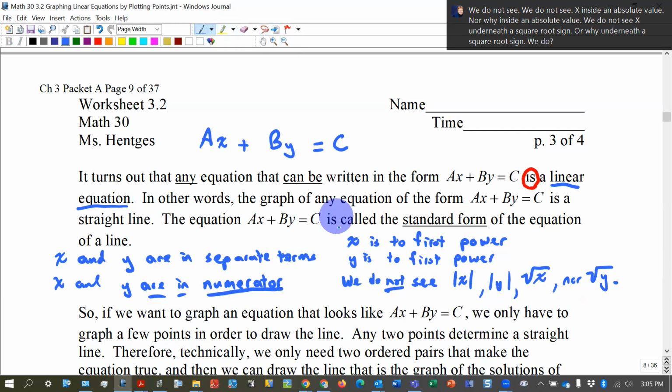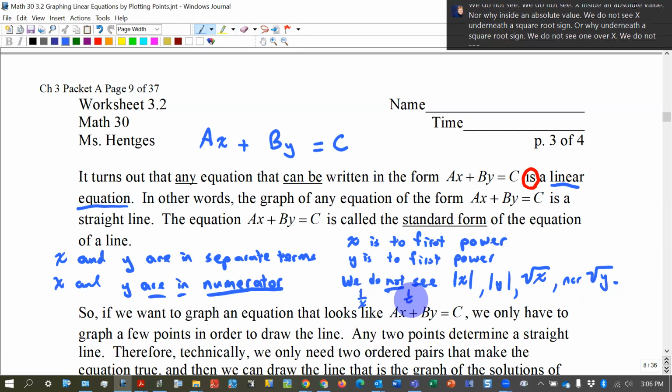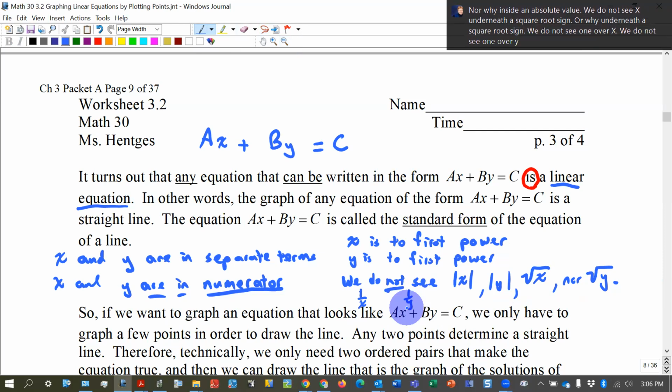We do not see 1 over x. We do not see 1 over y. We do not see x to the second power or x to the third power.